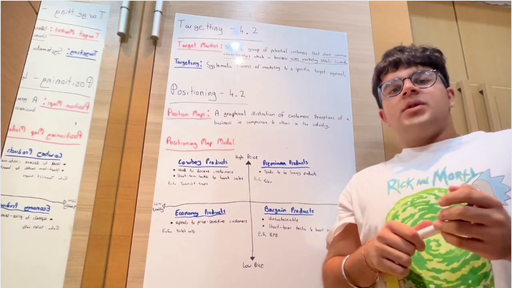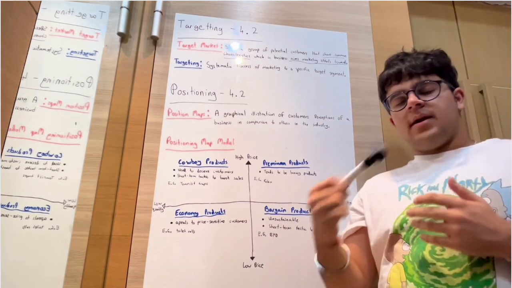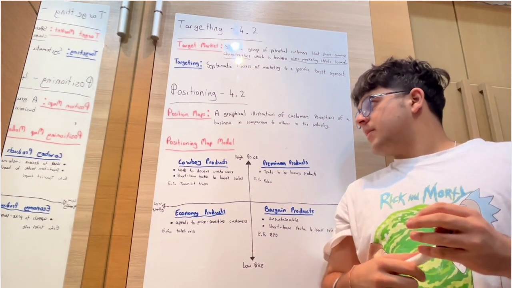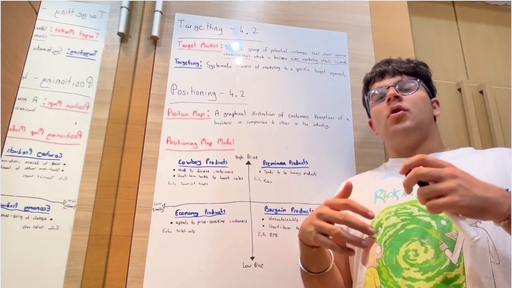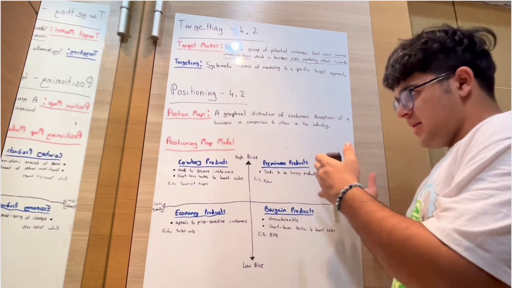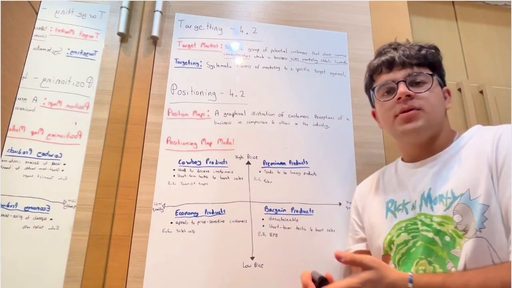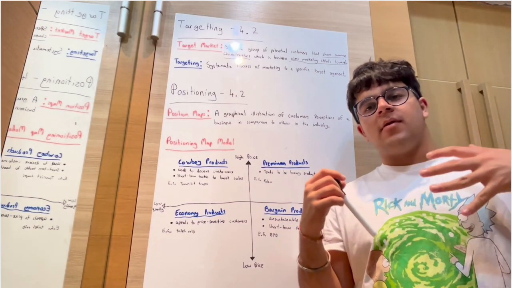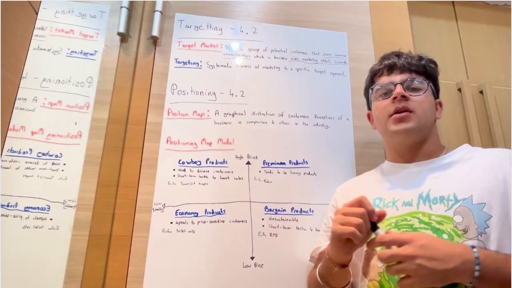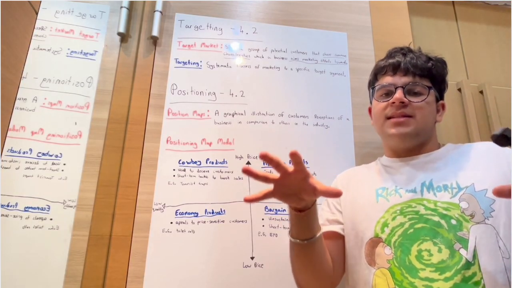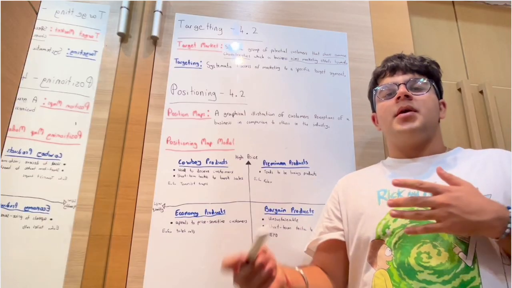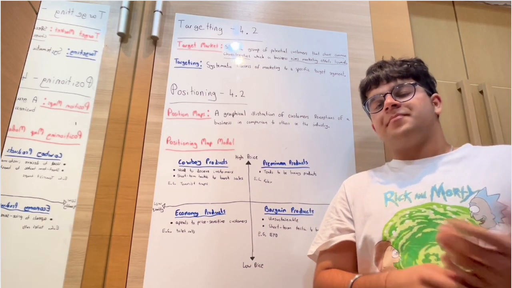Okay, positioning is where it gets a little bit more involved. So positioning, we look at market positioning through something called a positioning map. A positioning map is basically a graphical illustration of the customer's perceptions of a business or of businesses in an industry in comparison to others in the industry.